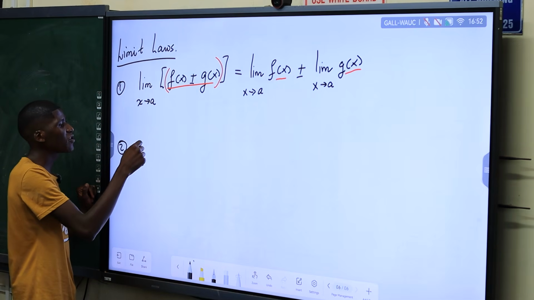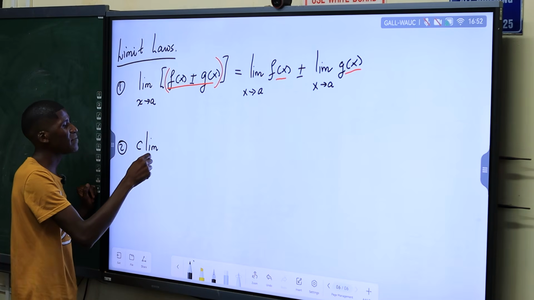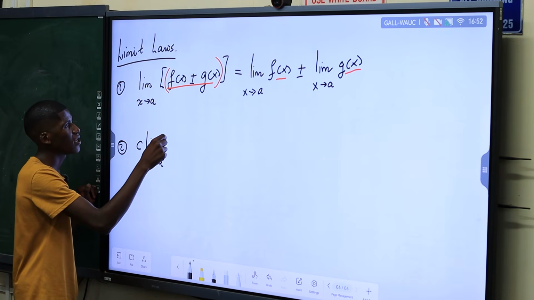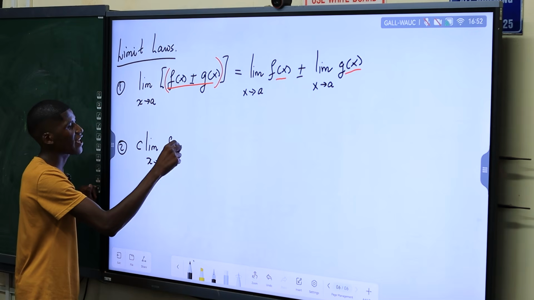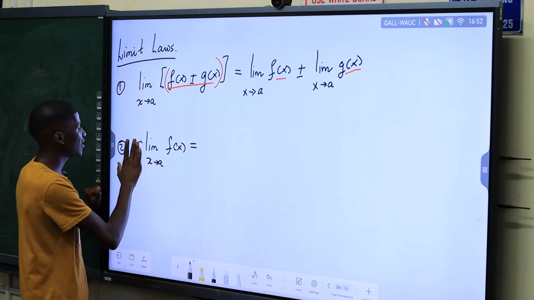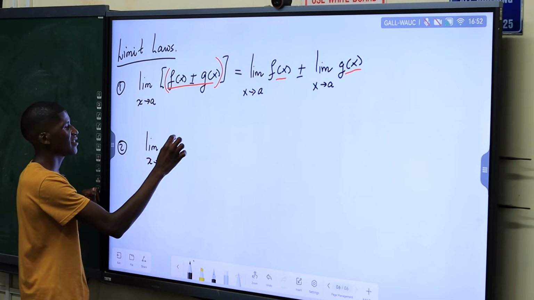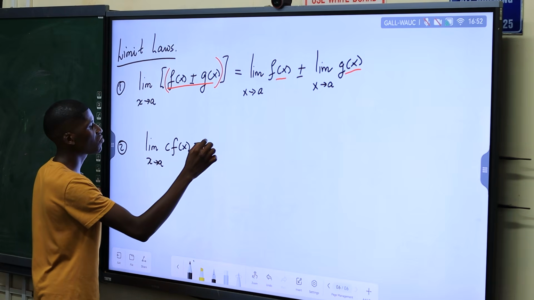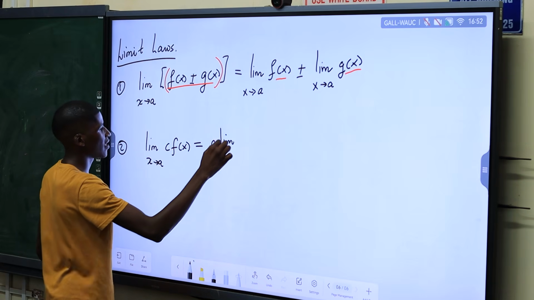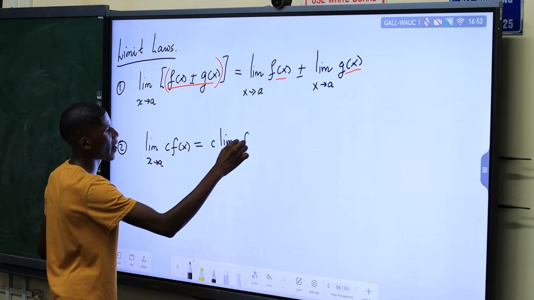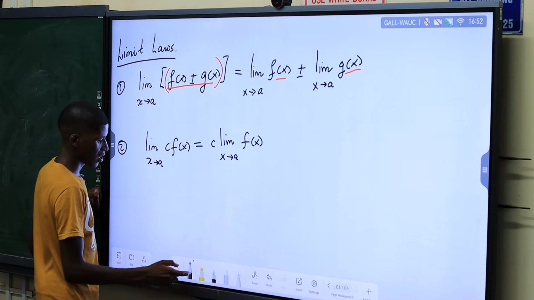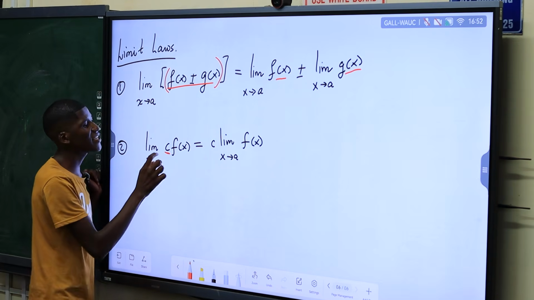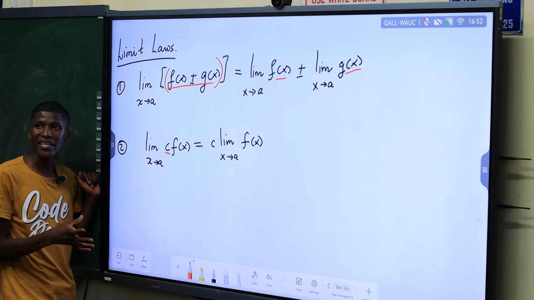All right, if we multiply by a constant, the limit as x approaches a of c times f of x is equal to c times the limit as x approaches a of f of x. Here c is a constant again, it's a number.